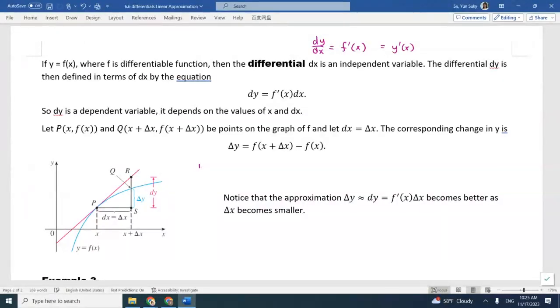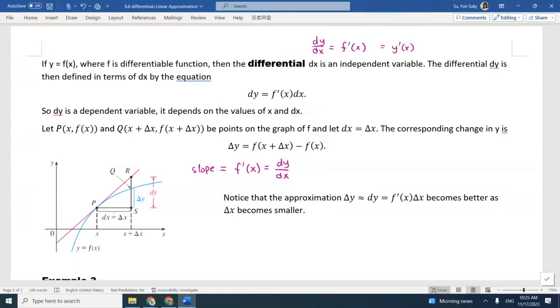So the slope is f prime of x. In this case, it is dy over dx. Therefore, it's the rise over the run. The rise is dy, the run is dx. Okay, everybody? And then the change of y is the function value.